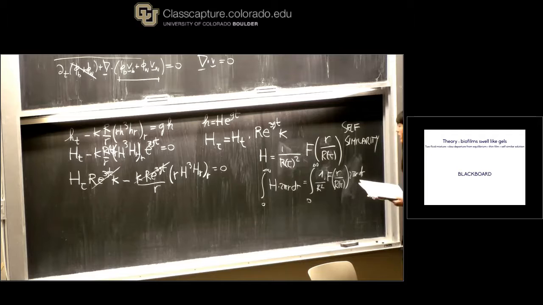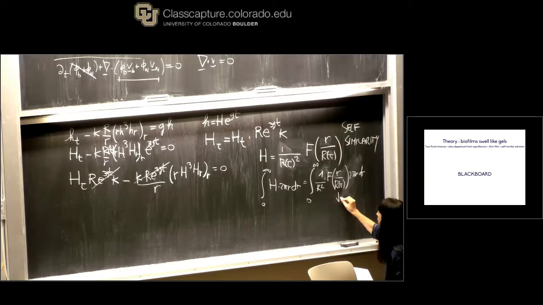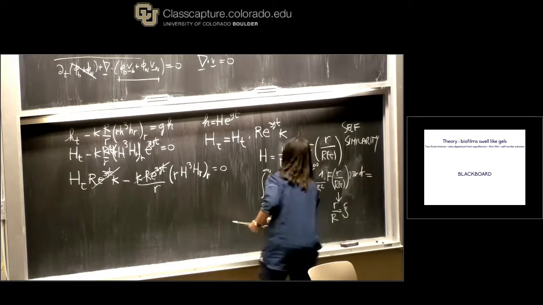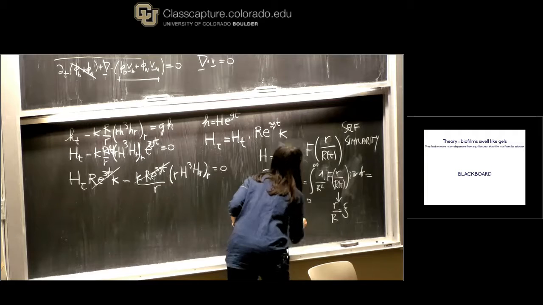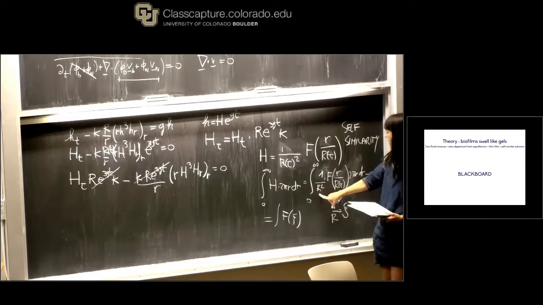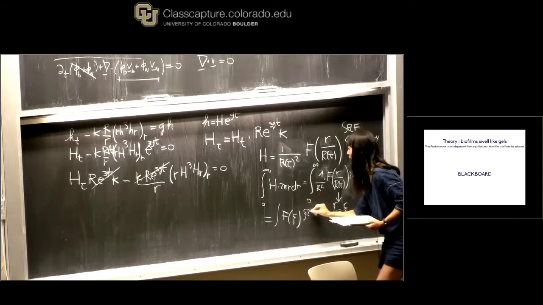Okay, and now the trick is I rewrite this in the self-similar variable, which is small r divided by big R. This is psi. And so this is f of psi times r divided by R is psi. 2 pi remains.